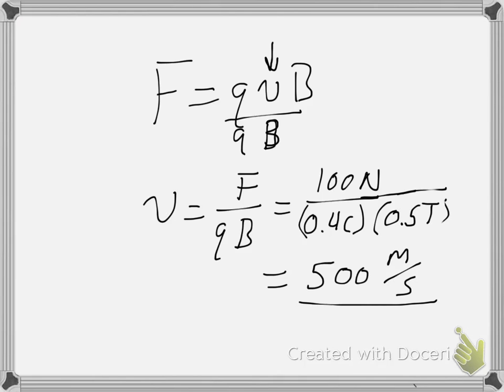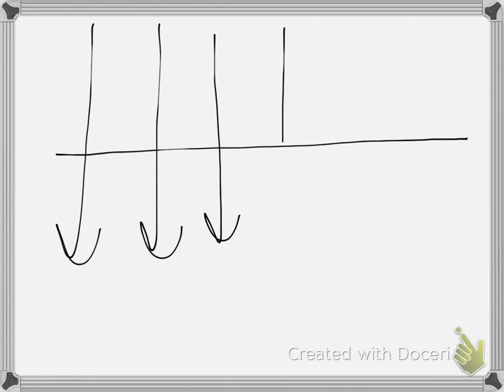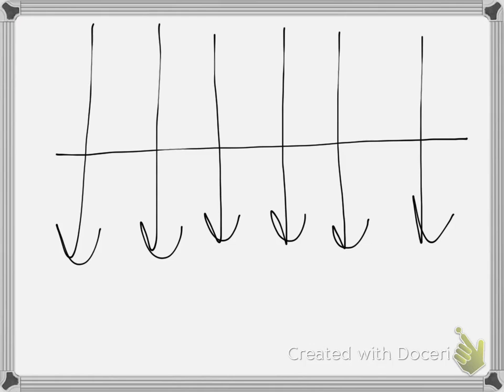So let's look at a second example, and let's say that I have a wire, and it's in an external magnetic field. And the wire has a current of 3 amps.